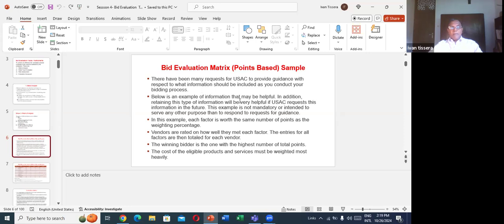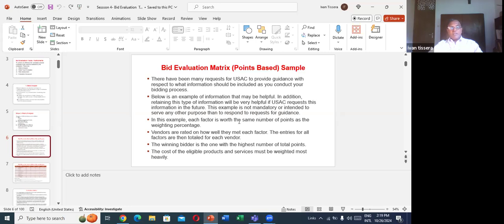Below is an example of information that may be helpful. In addition, retaining this type of information will be very helpful if this agency requests this information in the future. This example is not mandatory or intended to serve any other purpose than the response to a request for guidance.